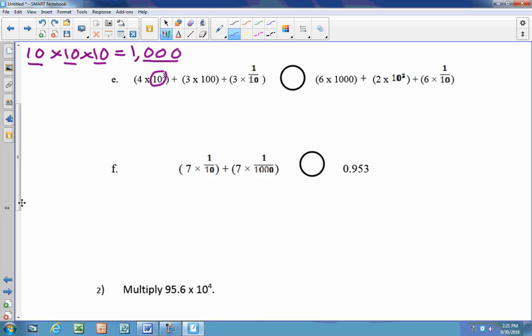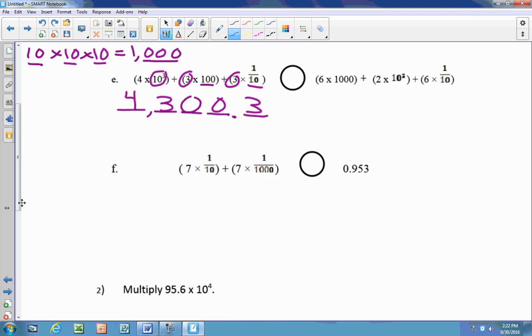So I'm working with the thousands place, then the hundreds place, then the tens place. So we have our thousands place, our hundreds place, tens, ones, and tenths. So I'm going to fill in the numbers. This is in the thousands place. This is in the hundreds place. I have this in the tenths place. Everything else must get filled in with zeros.